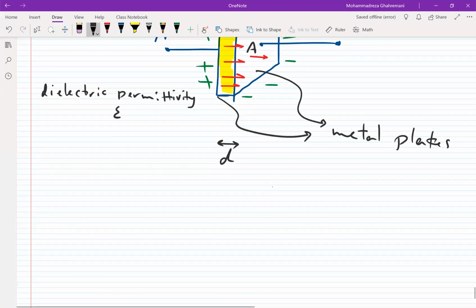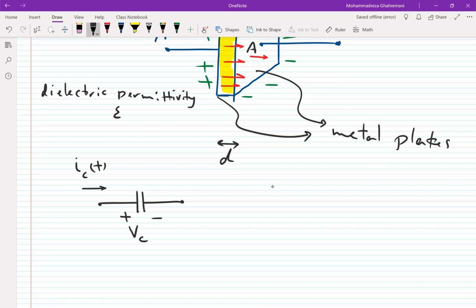The symbol of capacitor is like this. The capacitor has a current going through it, which we call i_C(t). There is a voltage across two plates, which we show with v_C(t).